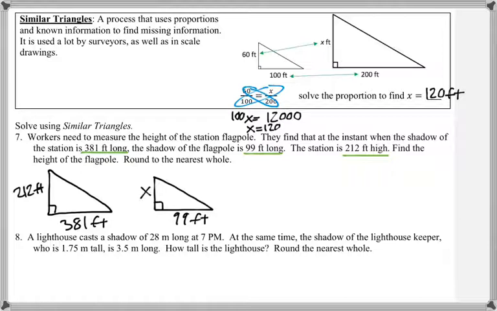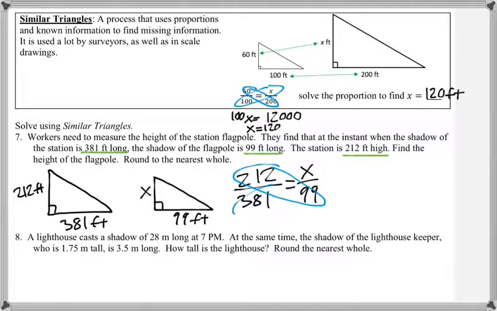So because it's at the same instant with the shadow, we know that these are similar triangles. So we can set up a proportion. So 212 over 381 is equal to x over 99.